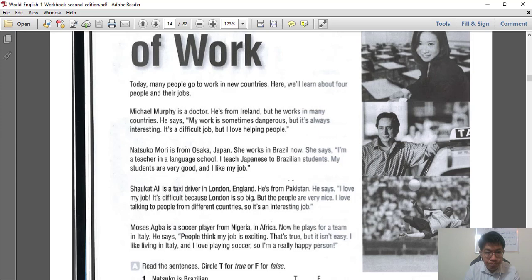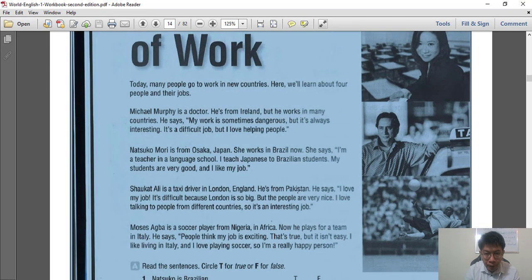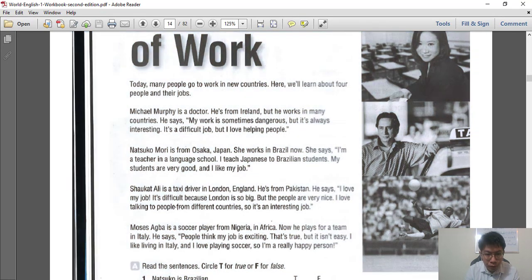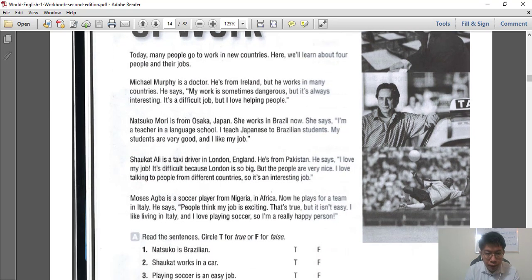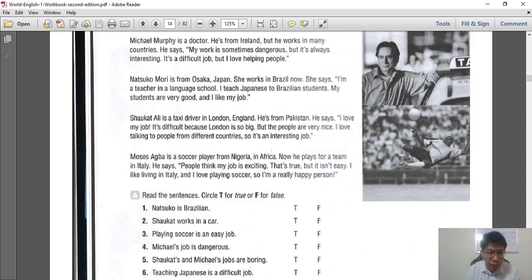Shaukat Ali is a taxi driver, Shaukat Ali, Pakistan. Okay, Moses Akbar, a soccer player, a person who plays football, Nigeria in Africa.